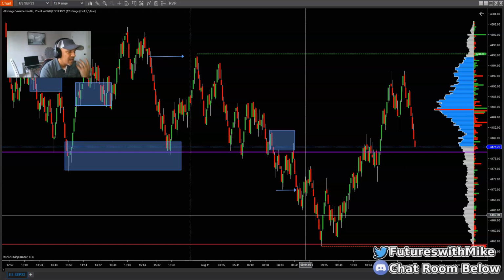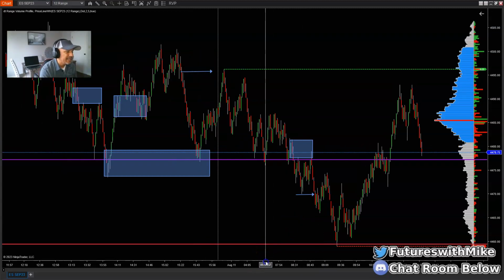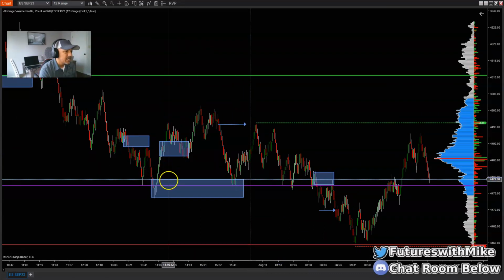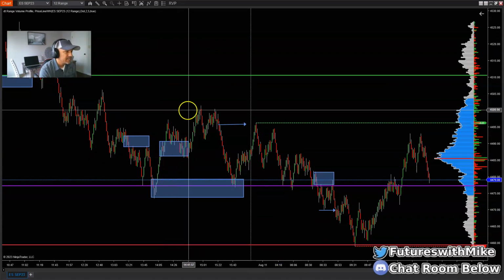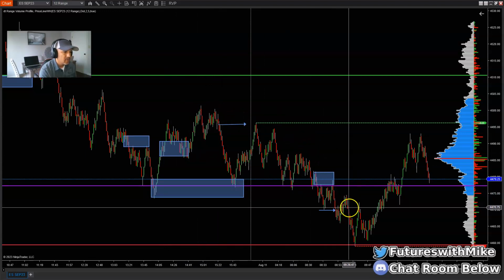So if we look at our higher time frame, like I showed you, there were similar highs in areas where price would potentially try to go after, right? But even if we look at the 12 range chart, the lower time frame, we see there are highs right here, similar highs, equal highs right here, as well as right here.